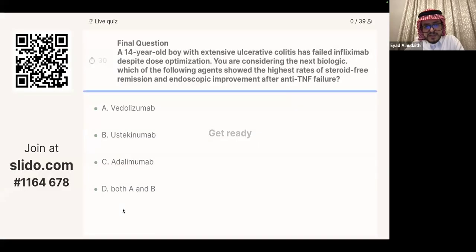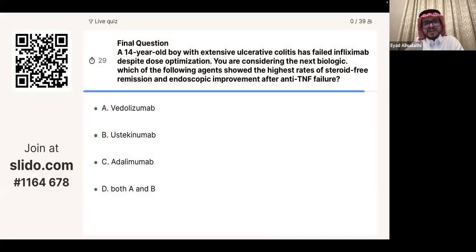So I guess this is the final question. A 14-year-old boy with extensive UC has failed infliximab despite dose optimization. You are considering the next biologic. Which of the following agents showed the highest rate of steroid-free remission and endoscopic improvement after anti-TNF failure?